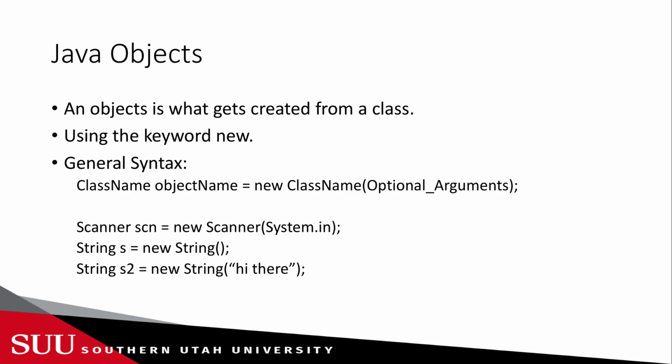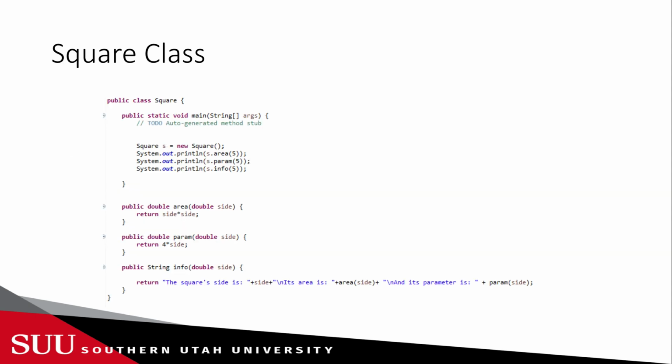Now this is an example of a Java Square class. As we can see in this example, we have the main method in there and we are running some of those methods in the class. So we have a method for area, another method for perimeter, and then we have a method that is going to print the info of that Square class.